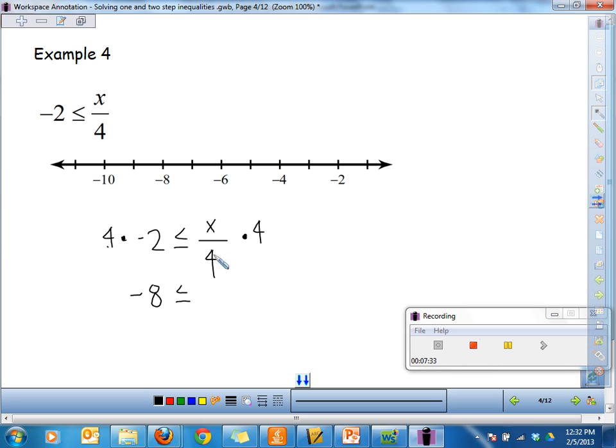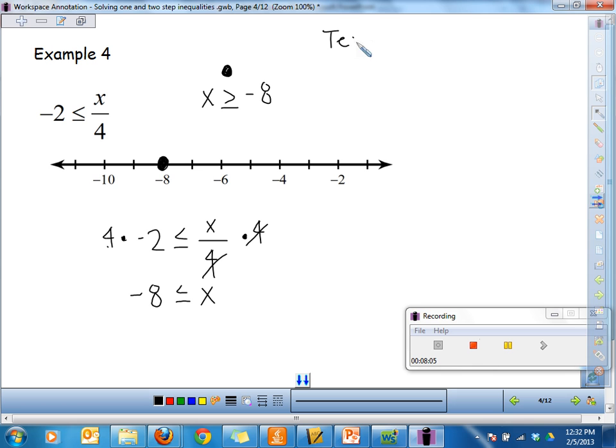And I have less than or equal to, these 4's cancel out, x. Now, we're going to talk in a second about some things that can happen when you are multiplying or dividing by negatives. But notice here that we are multiplying by a positive number. In order to graph this, I need to rearrange it so that the x is on the left. So I'm going to rearrange this as x is greater than or equal to negative 8. I know I need a closed dot at negative 8.